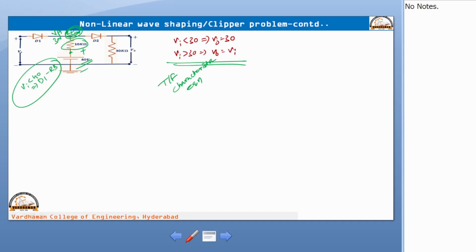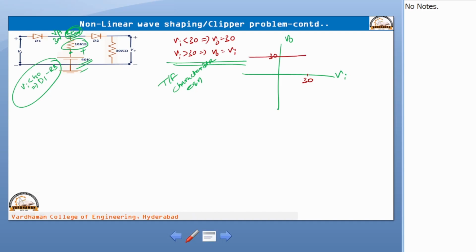Now, with this we can draw the transfer characteristic curve. We are comparing input with 30 volts, and output also has the 30 volt level. So, when input is less than 30, that means on the left side of this 30 volts notation, output is exactly 30. This is what we will get.